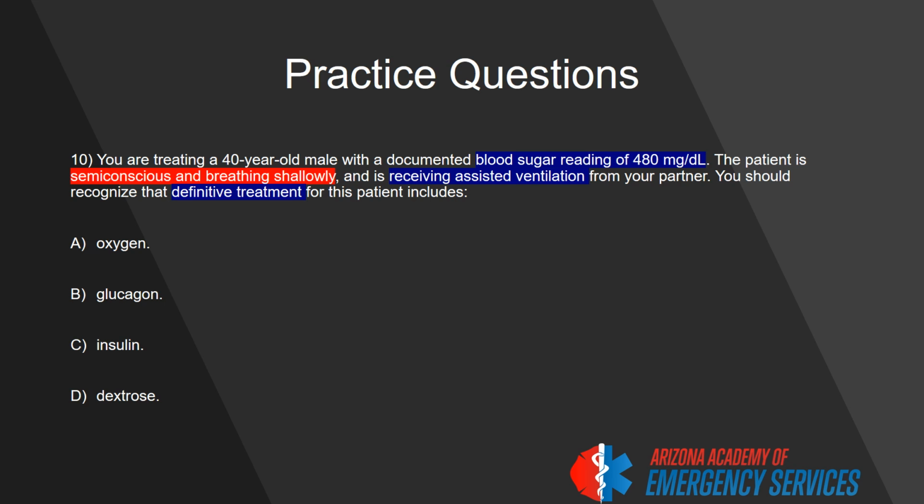They're asking you, given these signs and symptoms, given what you know about hyperglycemia, given what you know about the relationship between glucose and insulin, a patient that is extremely hyperglycemic, definitively, from a higher level of care standpoint, is going to need what intervention?